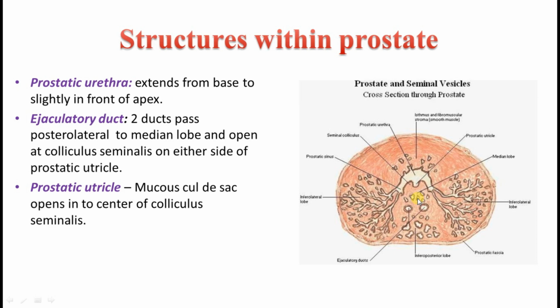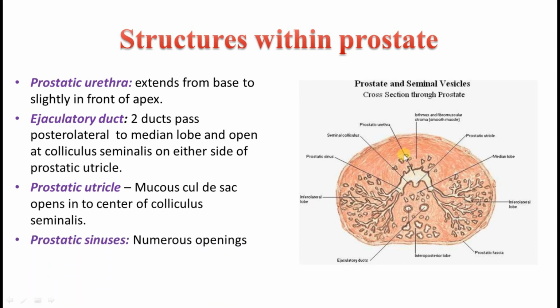All these we have already discussed in the male urethra. So it is a cul-de-sac which opens into the colliculus seminalis. This prostatic utricle is the remnant of the paramesonephric duct, and it is also considered as the male vagina.